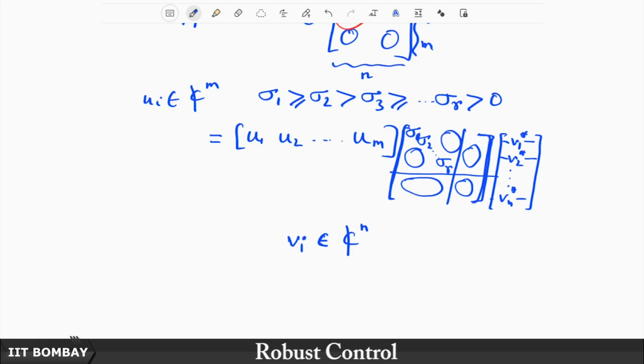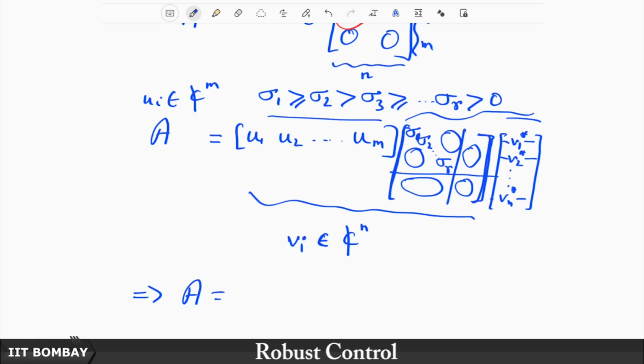Well, we can then say that this A is further equal to, notice very carefully, whether I first operate these two first and then subsequently multiply with this, the conclusion is going to be sigma 1 times u1 v1 Hermitian plus sigma 2 times u2 v2 Hermitian plus so on and so forth till sigma r times ur vr Hermitian.